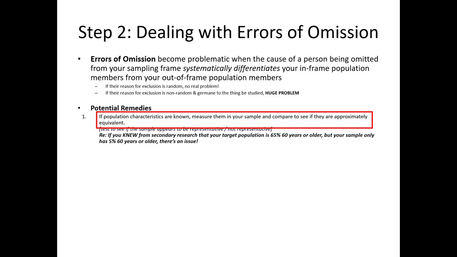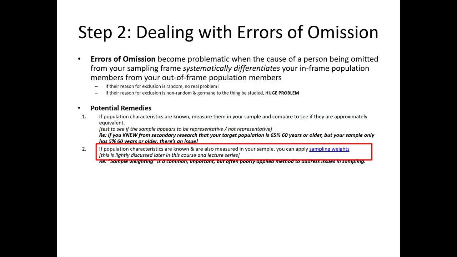If there's no major discrepancies, that would imply that there's less risk of an error of omission. As we'll talk about later, if we know characteristics of both our population and our sample, we can apply something called sampling weights to our results during analysis to better calibrate our estimates. Again, this doesn't necessarily purely solve the problem, but it is a way to address it.